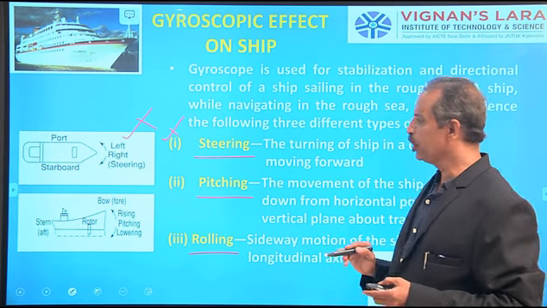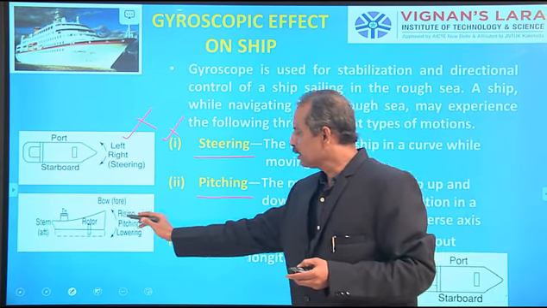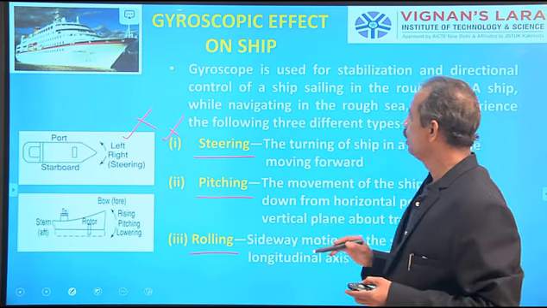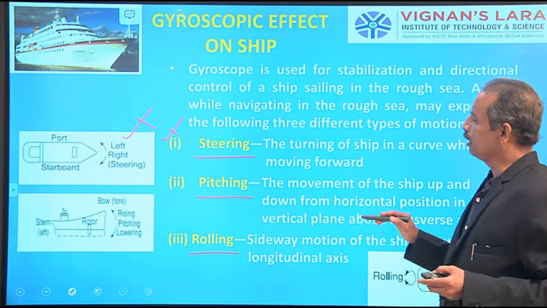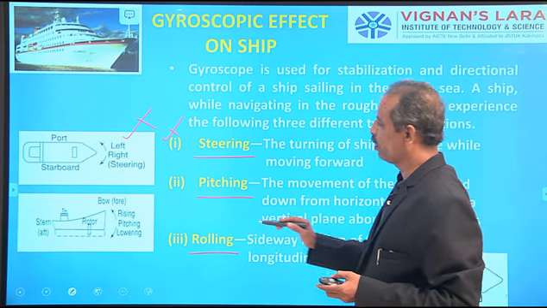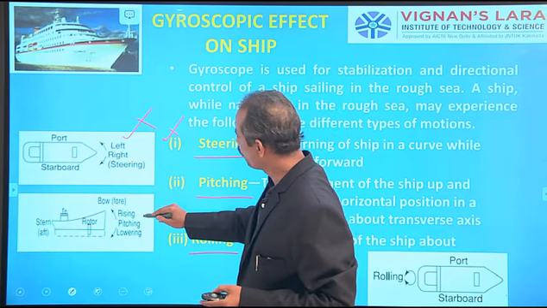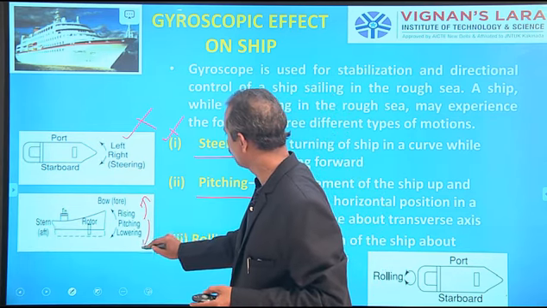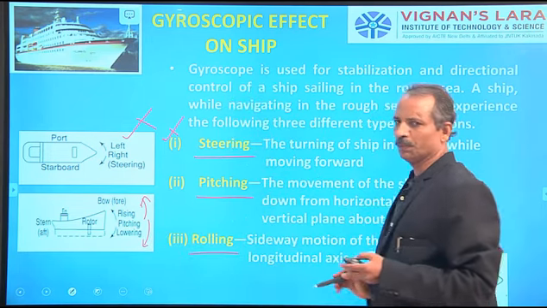Pitching: this is sailing in a river, maybe due to the wavy nature of the water, which will cause the ship to move in an upward or downward direction, which is called pitching.